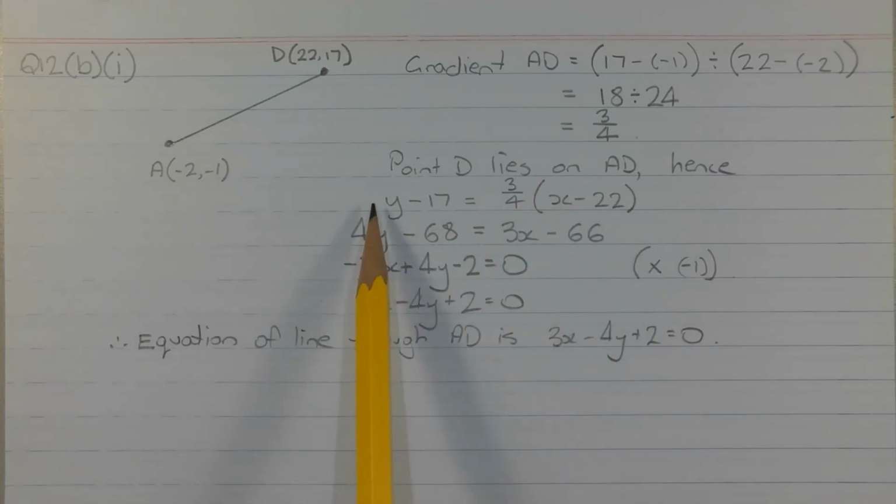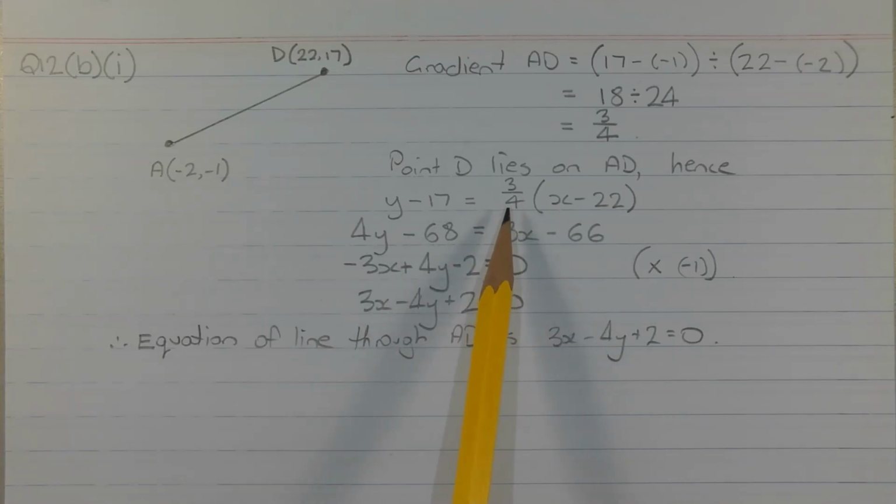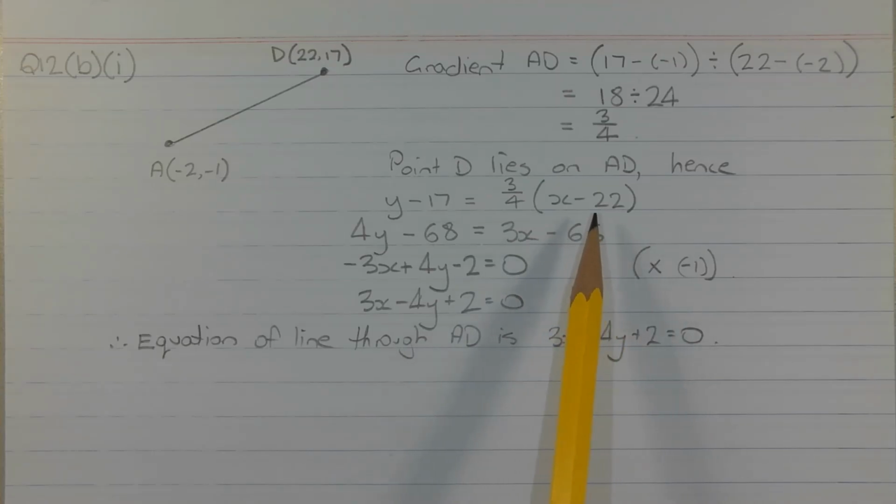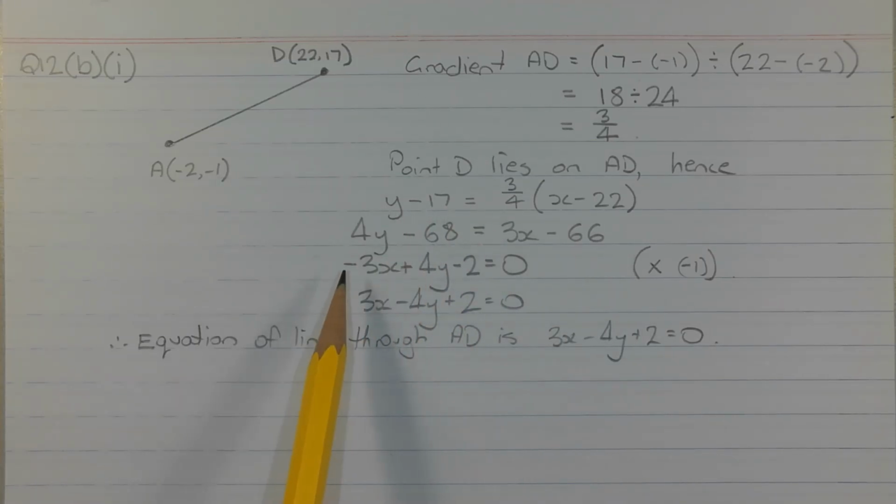Now, multiplying both sides of the equation by the denominator 4 and expanding the right-hand side, and we can do that all in one step, we get 4y minus 68 is equal to 3x minus 66. Now, moving the terms on the right-hand side over to the left-hand side and combining like terms where we can, and in particular the -68 with the -66, which becomes +66 when we move it over, we get -3x plus 4y minus 2 equals 0.